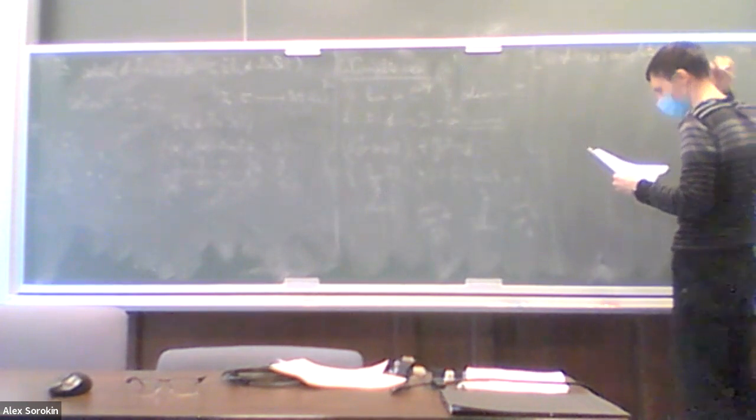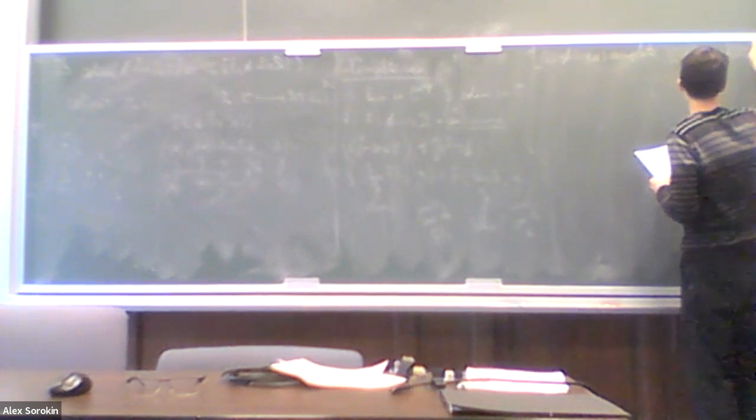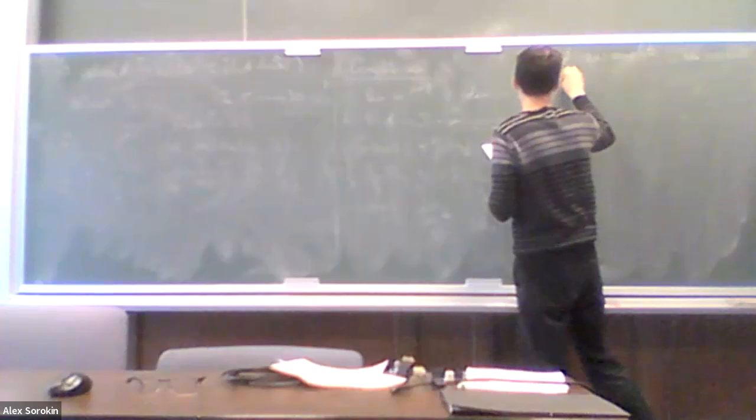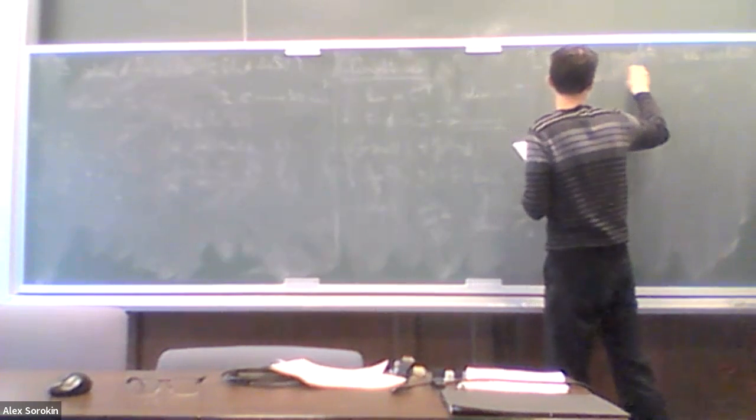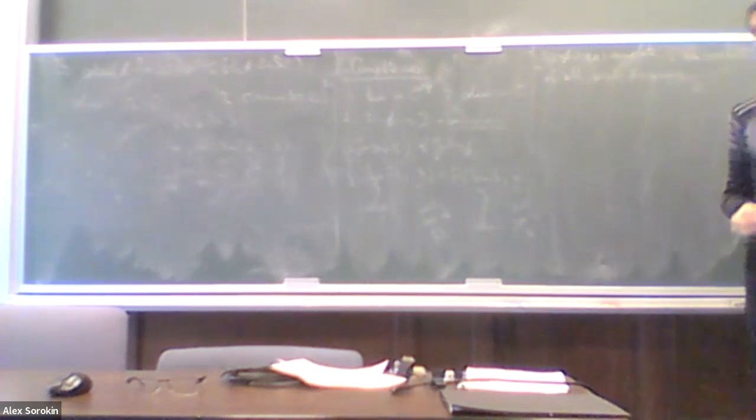It means that it has limits of all small diagrams, or it has co-limits of all small diagrams. Just a name for completeness. When all limits are possible to compute in a category, it's a property of the category, and it's called completeness.